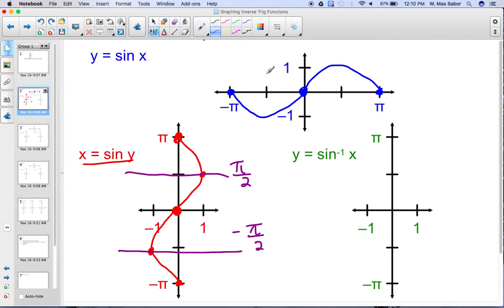So this will create our arcsine function that goes from 1 comma pi over 2 down to the origin, and then that goes to negative 1 comma negative pi over 2. You do need to know what these points are, and you also need to know that this is not straight. This should be curving up and then curving down.